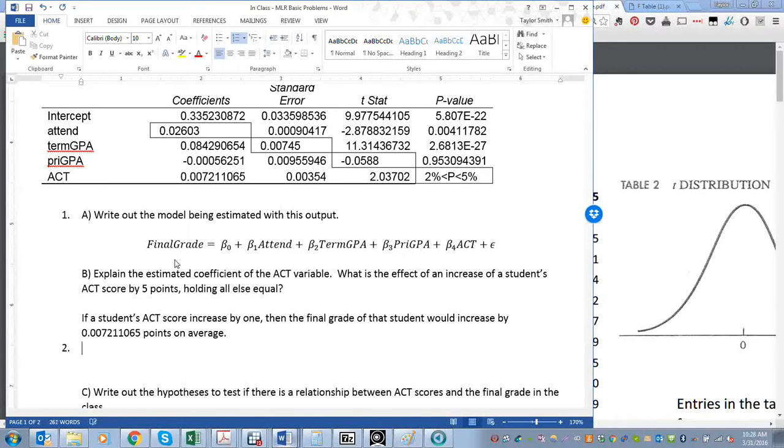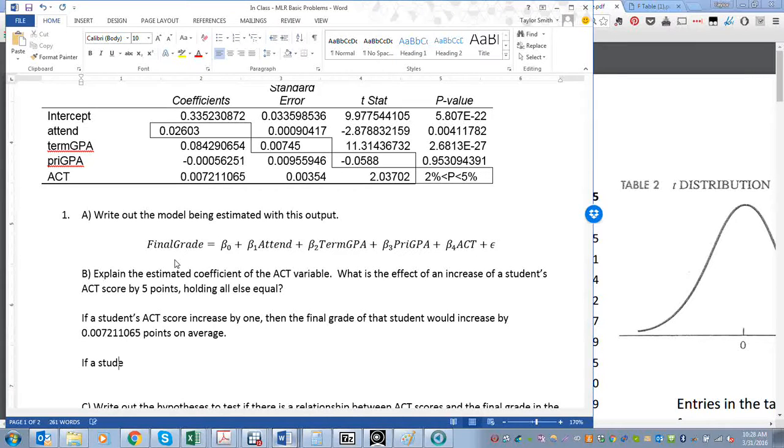Okay, so that is the effect of just a 1 unit increase. The next part of the question asks, what if it's a 5 unit increase? So if a student's ACT score increased by 5, then the final grade of that student would increase by, in this case, if the change in x is 5, then the change in y is going to be 5 times this slope.